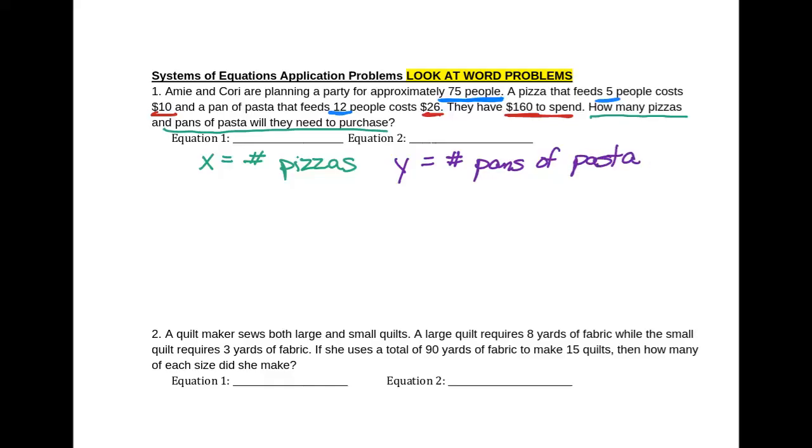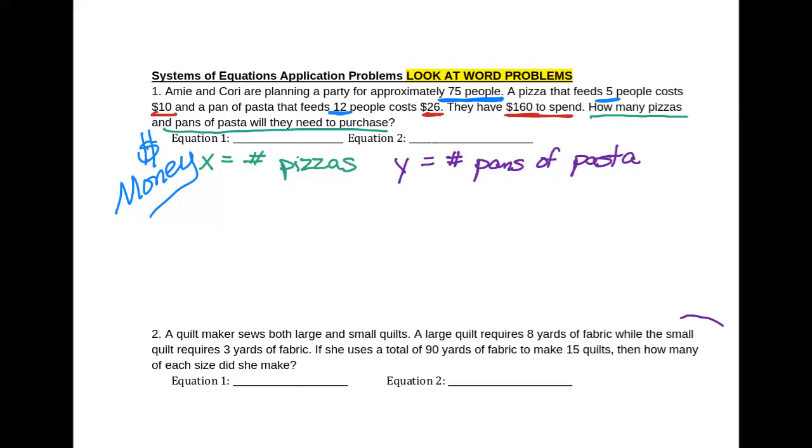Now, there are two main things going on here. Okay? We have money involved, and we have amounts. Okay? So I'm going to have one equation be my money equation. Money, money, money. So anything with money is going to go in the money equation.